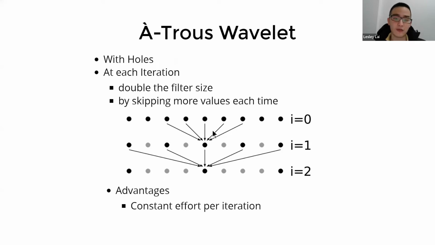Instead, we always have a constant effort per iteration. So we reduce the algorithm complexity from n squared to n log n. This log comes from having different levels, where we double the filter size each time.